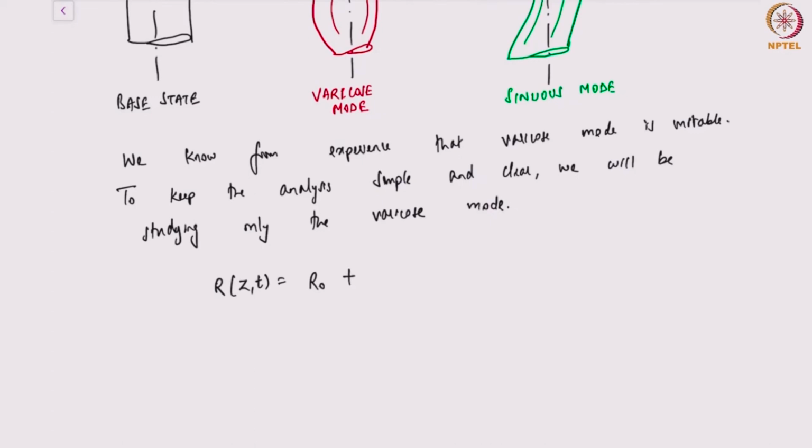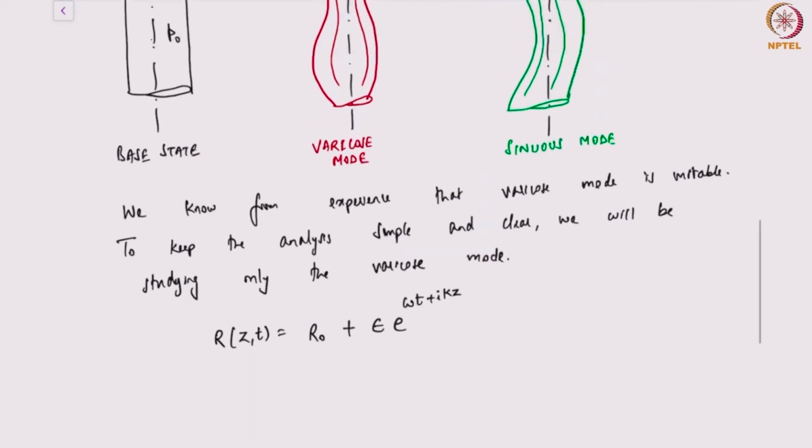Now the perturbation would have two parts. This is the amplitude of this undulation that I have introduced. The amplitude I'll call epsilon. Epsilon has units of length, times e to the power omega t plus i k z.